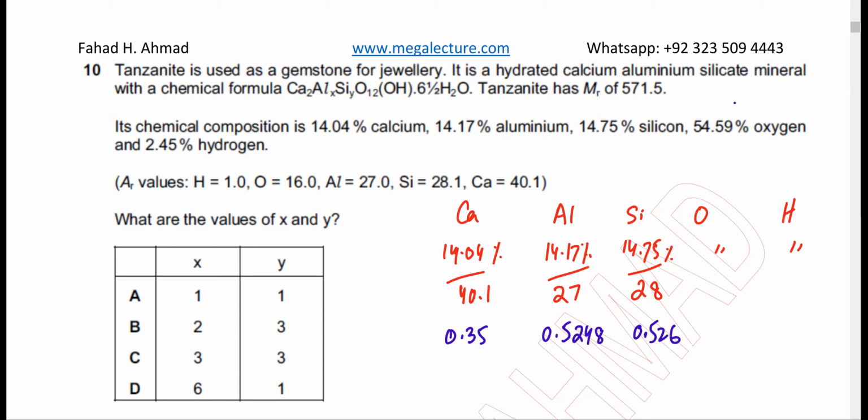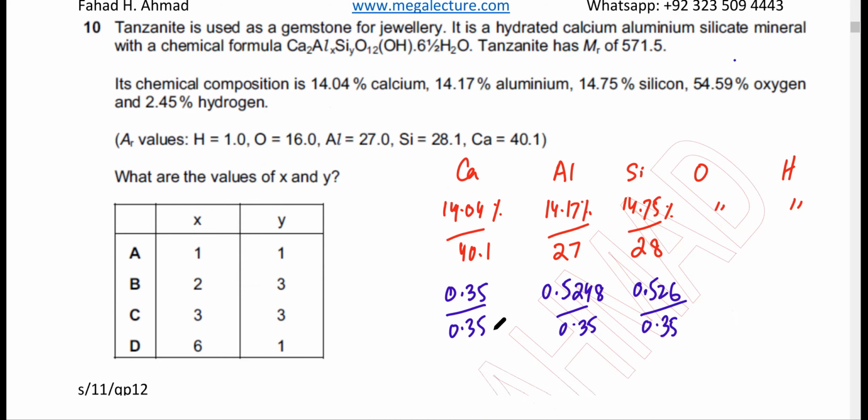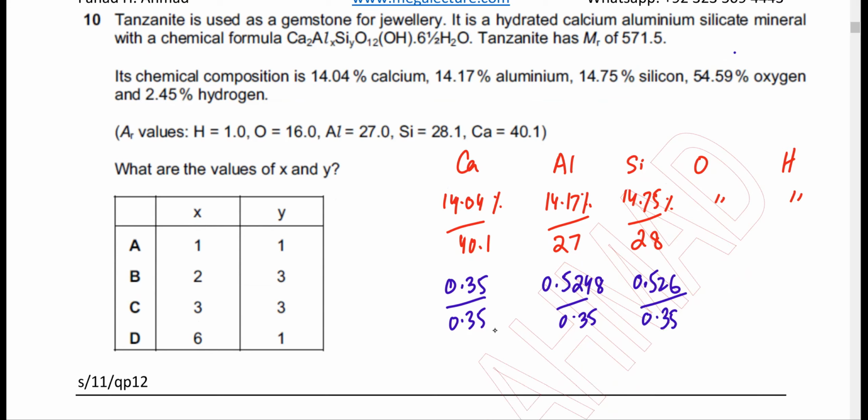You can divide everything by the smallest, so it's going to be 0.35, 0.35, and 0.35. What do we get? This is 1.49, so approximately 1.5. This would also be approximately 1.5, right?